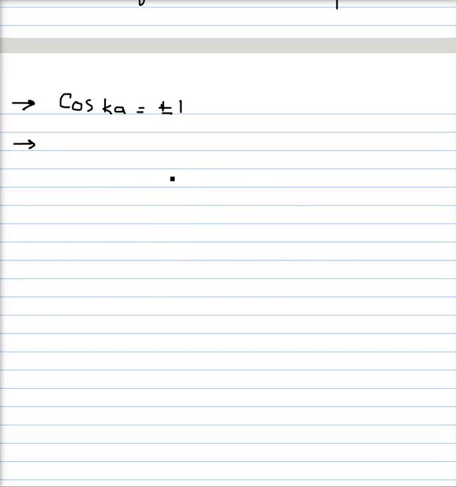Okay, now let us draw two values marked by a line where the upper value is plus 1 and the lower value is minus 1.